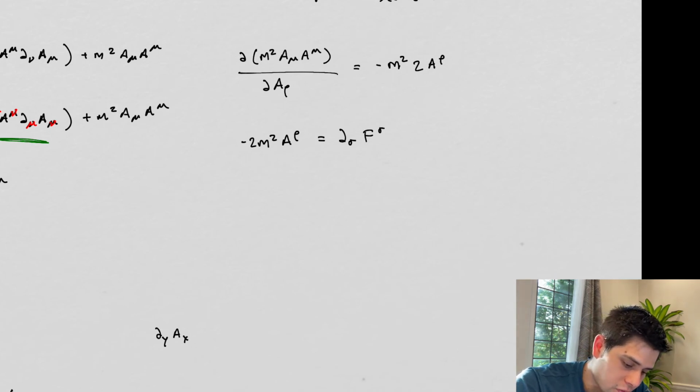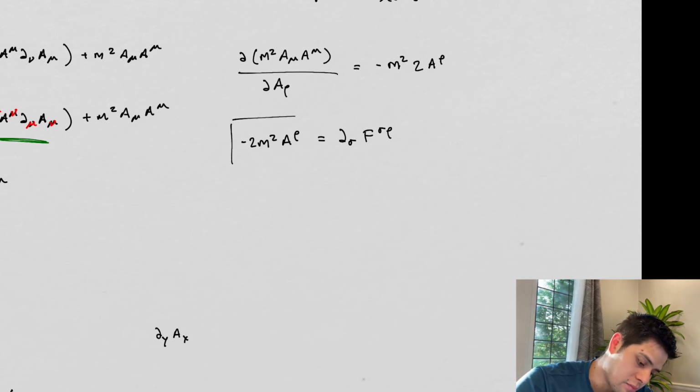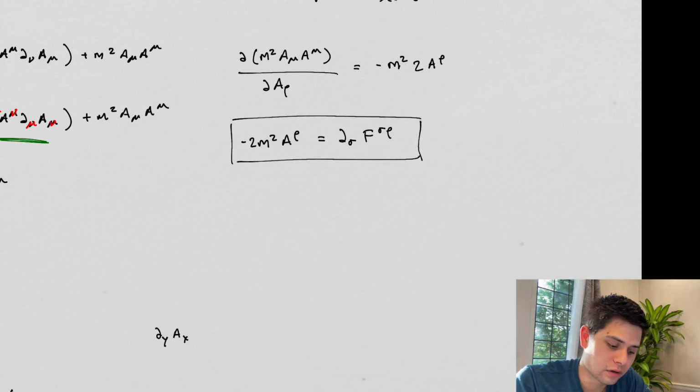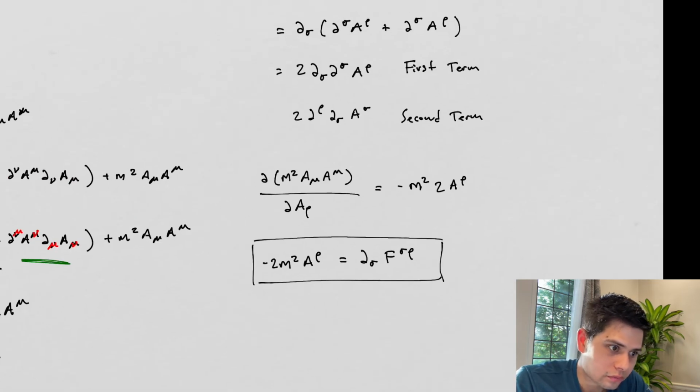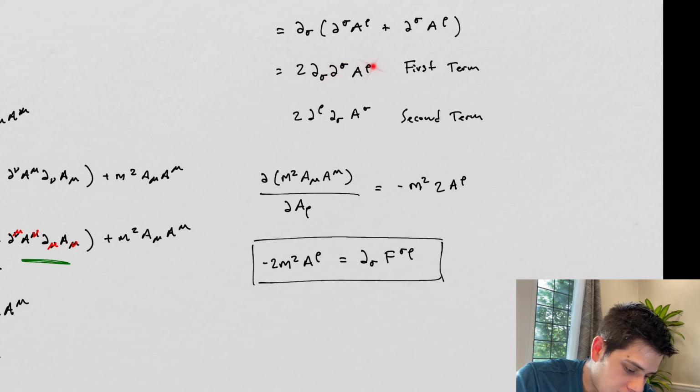Minus 2m squared a rho is equal to, this is the product of our Euler-Lagrange equation, d mu F mu rho. All right, so this is what we get after putting the pieces together on the Lagrange equation. This was the potential part. This was the kinetic part. Again, going back to the kinetic part, it is this here and this here.